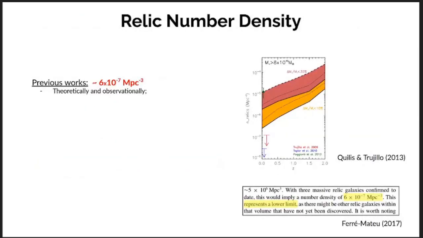Then we did a brief analysis of the number density of these Relic objects in the simulation. Previous works, theoretical and observational, reach about this value of number density of relics based on semi-analytical models and some incomplete observational data.